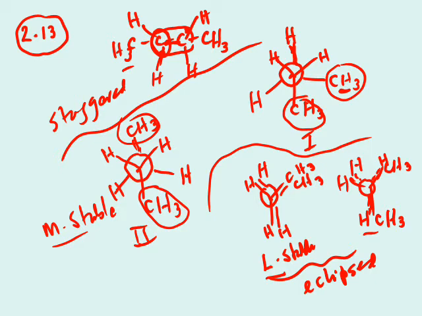Now try to build a model, and I'm going to show you next in a video clip that I made a molecular model for butane, and I'm going to show you the most stable and least stable conformation, so you can watch it carefully. Now I'm showing you the model of butane.